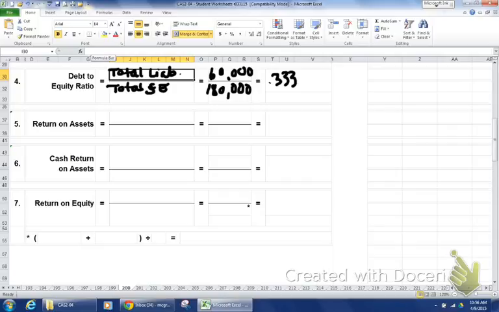A debt to equity ratio of 1.0 basically means that the company uses equal amounts of liabilities and stockholders' equity to finance its assets. So in this particular company, you can see that the company uses significantly less debt to finance its assets compared to its equity. That's a good thing.